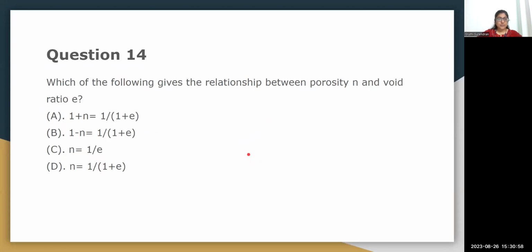Moving on to the next question. Which of the following gives a relationship between porosity and void ratio?